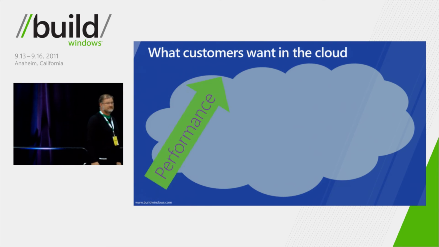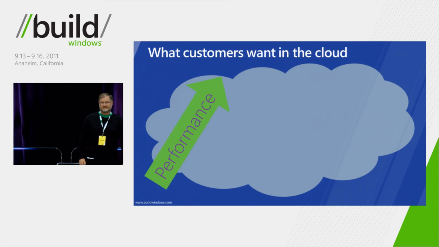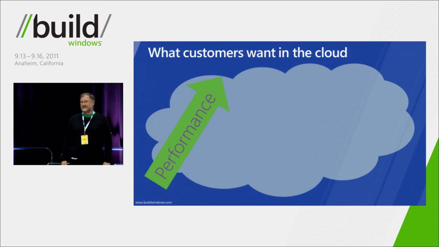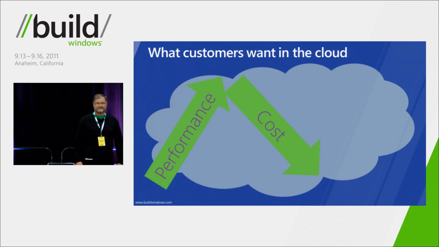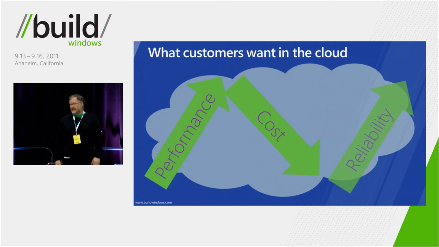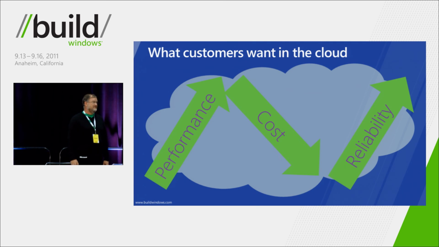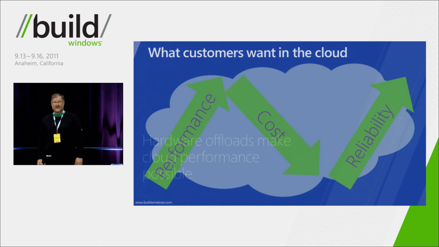So, what do customers want? More performance, always. Of course, they want that with less cost. Yeah, that's a challenge, isn't it? And they're not willing to give up reliability. They always want good reliability. How do we do that?